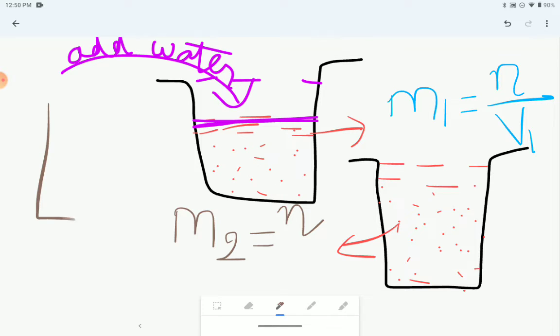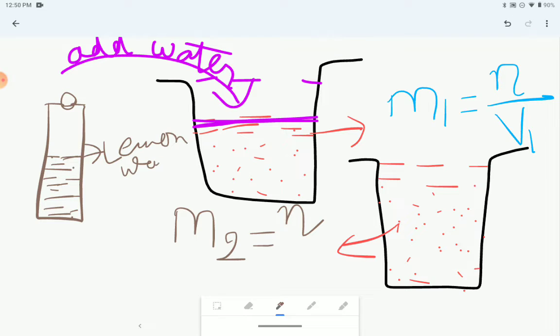If you take some water bottle, with some water up to some level, let's say it's lemon water, here the solute becomes lemon. Suppose n number of moles of lemon liquid, n number of moles of solute, is present.